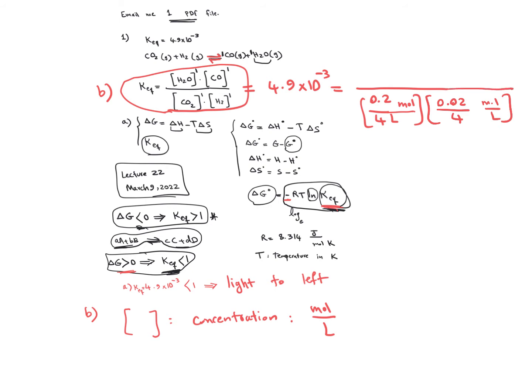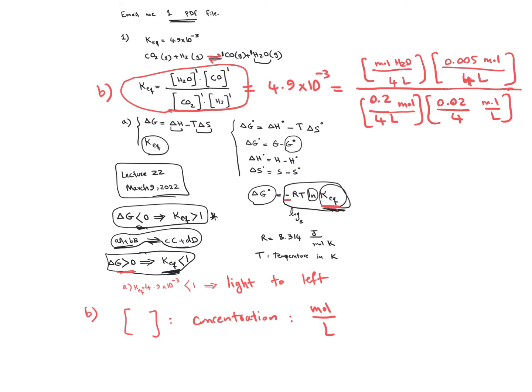And for H2O, I want to calculate the moles of H2O, so I just write moles of H2O, right? And finally, we have CO: 0.005 moles of CO divided by 4 liter.